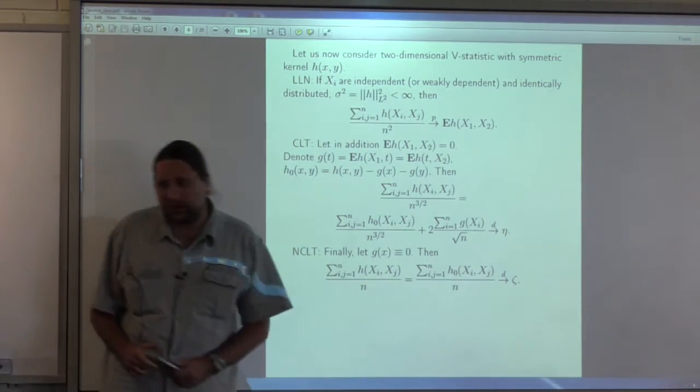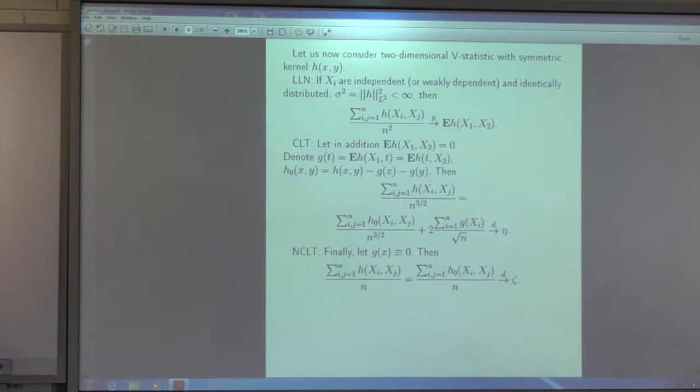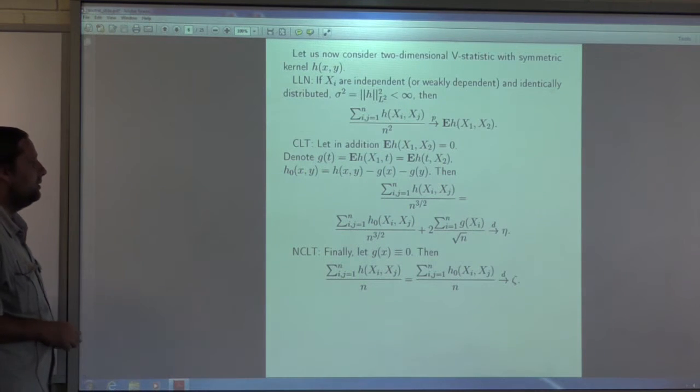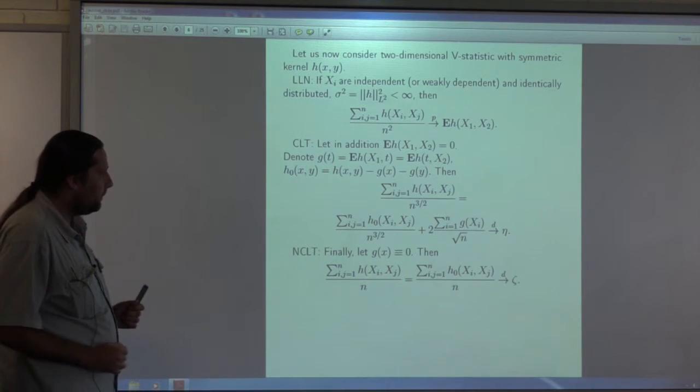For the second summand, we can apply the classical central limit theorem and again get a normal random variable as a weak limit. But here, for V statistics, we have one more step.